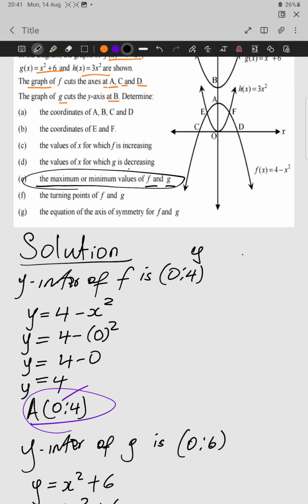So I think this one, guys, is easy, because the maximum value of f is 4, and now we are looking for the maximum and the minimum value of f and g. Sorry, the maximum value refers to the largest value on the graph. All right.